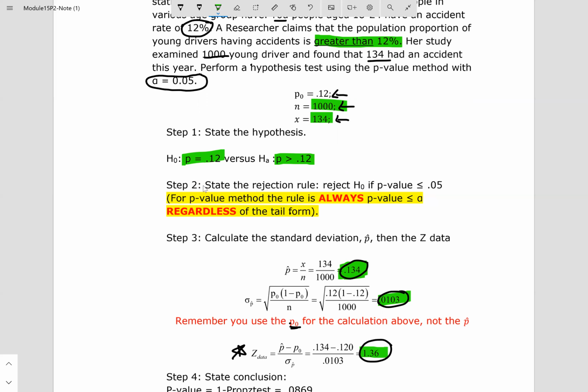I skipped step 2, I'm sorry. State the rejection rule. Reject the null hypothesis if the p-value is less than or equal to 0.05.